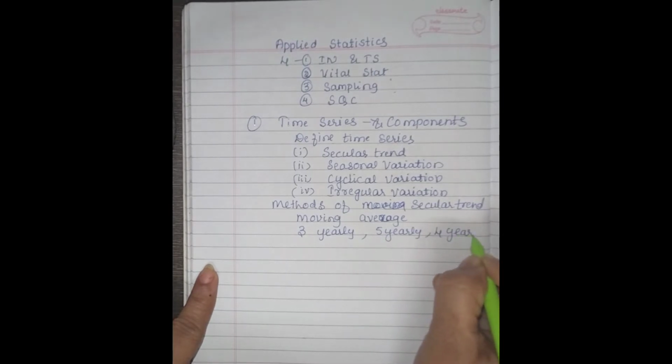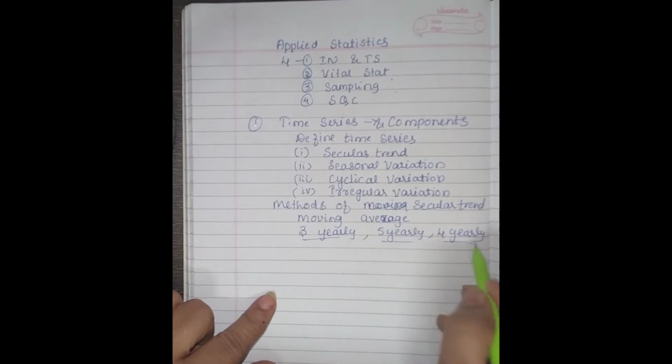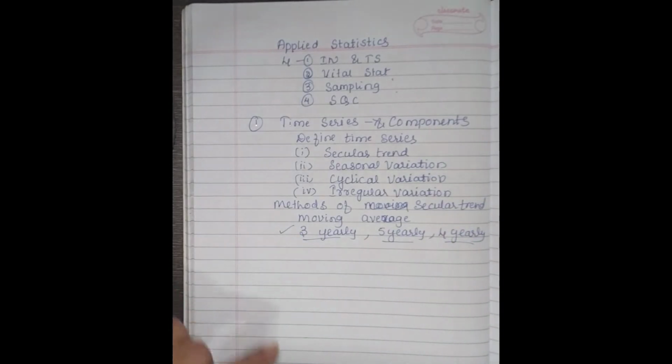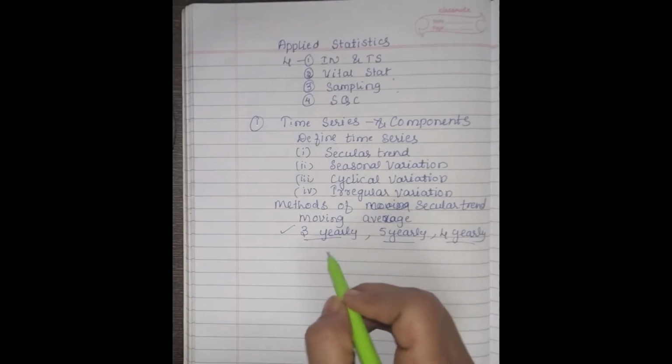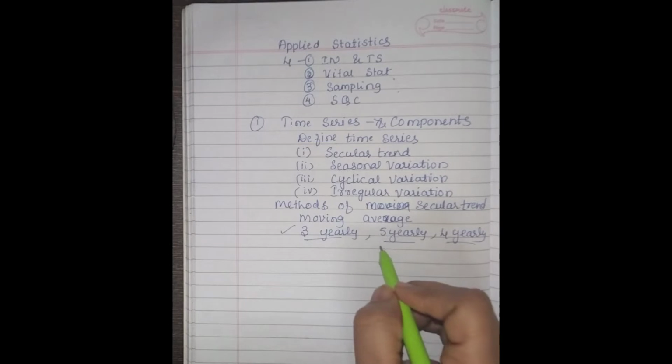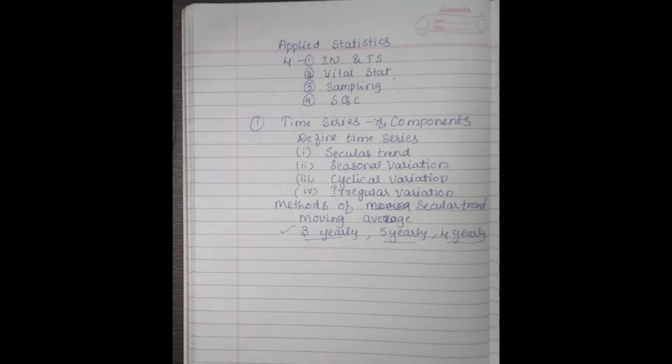I will show you how to do 3 yearly, 5 yearly and 4 yearly. These are very important examples for the examination. At most, go through the 3 yearly and 5 yearly, the odd ones. They ask one compulsory 10 mark question on these. I will show you one example of how to do it.